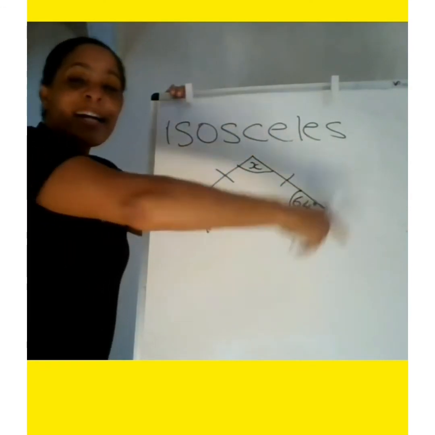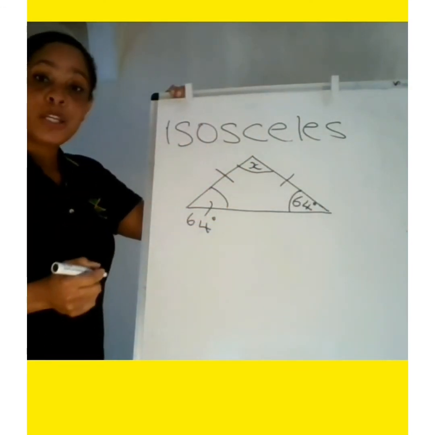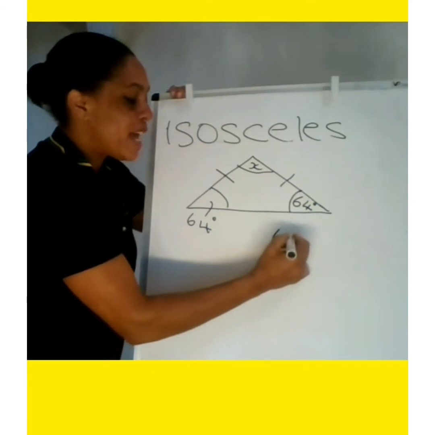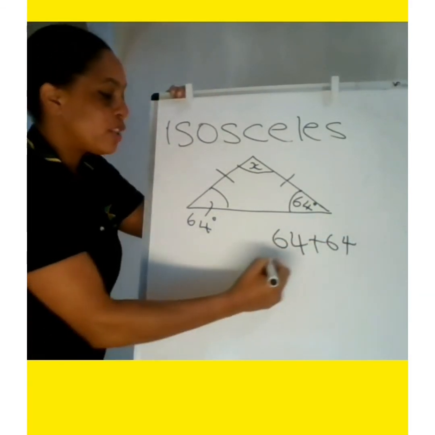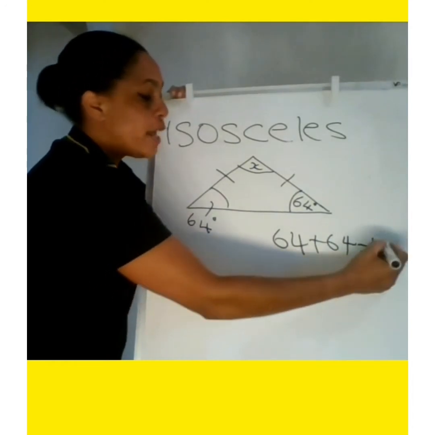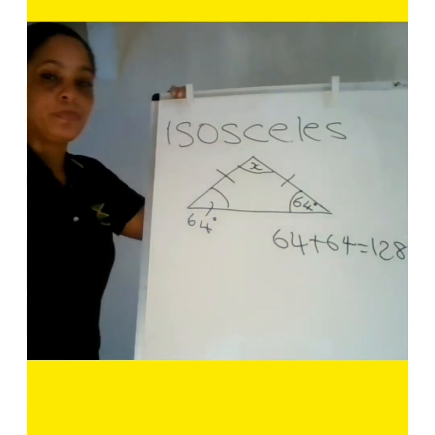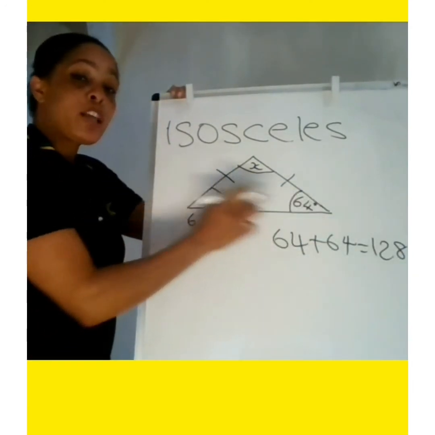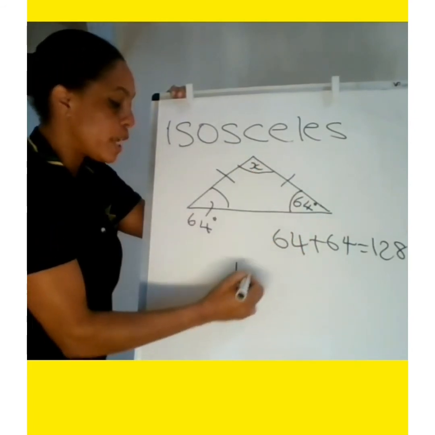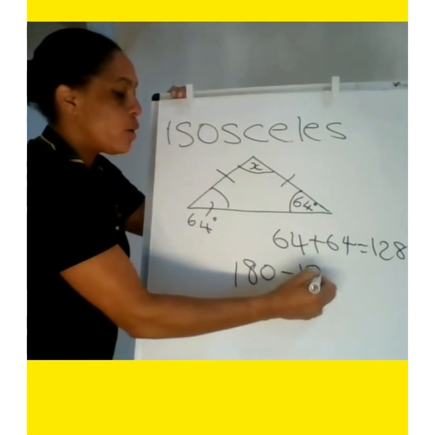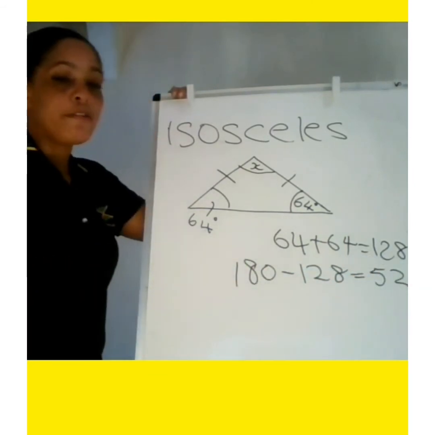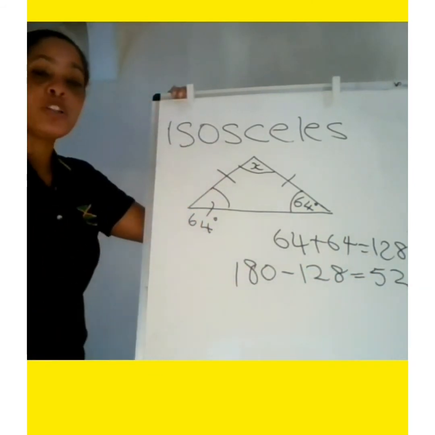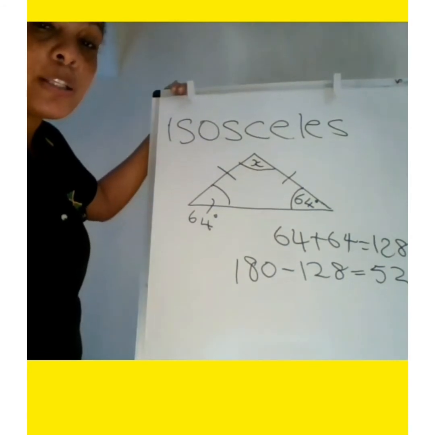Angles in a triangle add up to give 180 degrees. So we first add 64 plus 64. That's going to give us 128. Now this and this makes 128. So I'm now going to say 180, take away 128, and my answer is going to be equal to 52. So x is going to be 52 degrees.